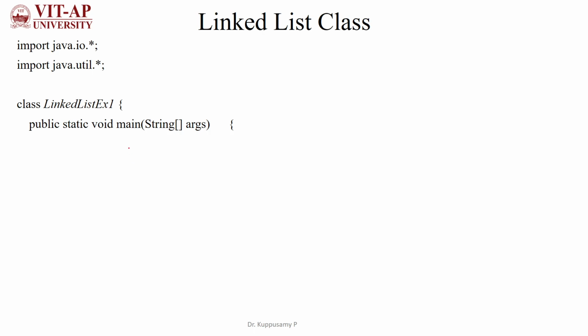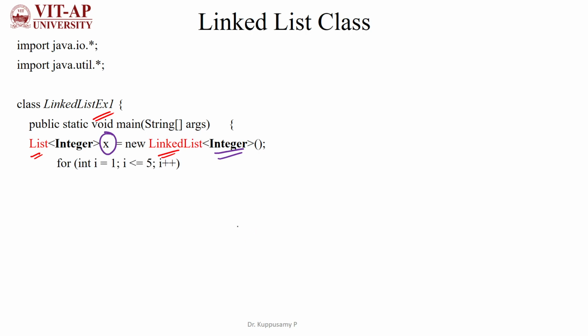And third one here, we are going to implement the List interface by using the LinkedList class, which is creating the object with the integer data type. Here we are going to use x to store the integer elements.